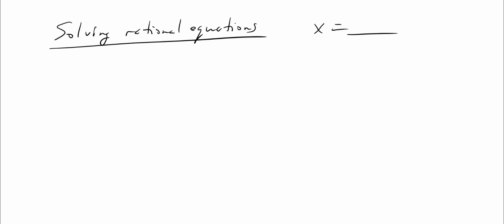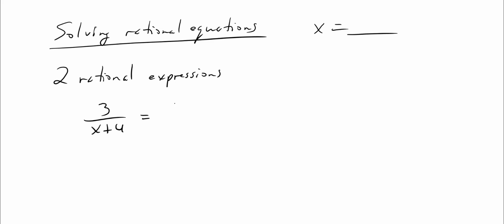Say you have two rational expressions. Remember, rational expressions are just fractions. For example, 3 over x plus 4 is equal to 5 over x plus 2. Basically, you just cross multiply.